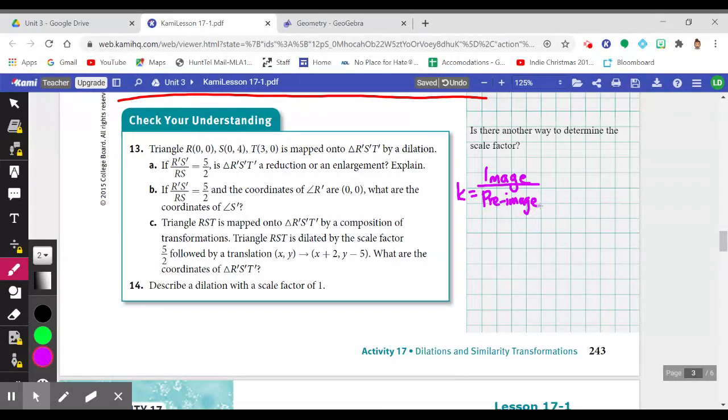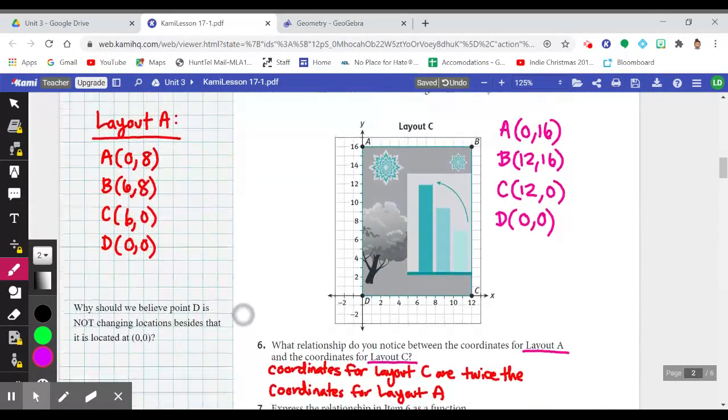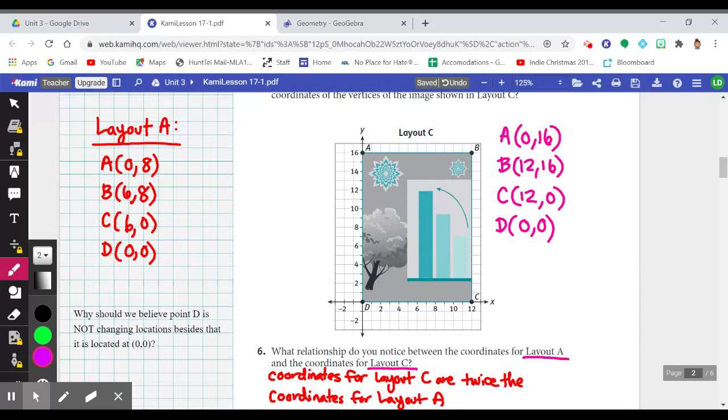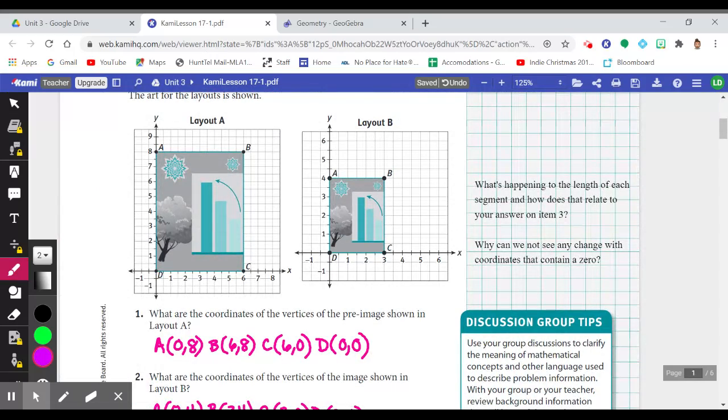And I'll use an example from our previous problems. Let me scale back here. So the distance from A to B on layout C was 12 units wide, right? So 12 units. And then we go back to layout A and say, well, what's the length from A to B? Well, from A to B is 6 units.